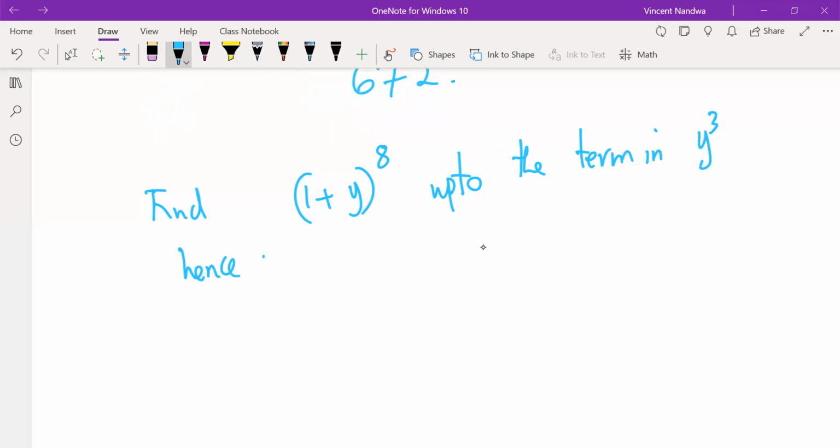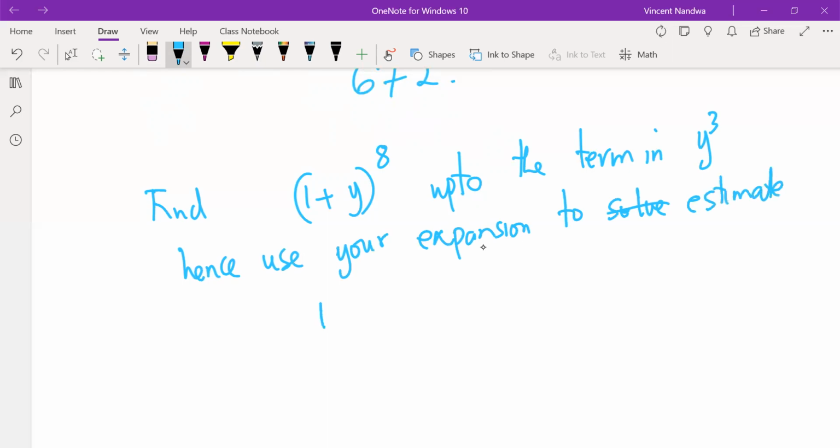Hence, use your expansion to estimate 1.02^8 to the nearest 4 significant figures.